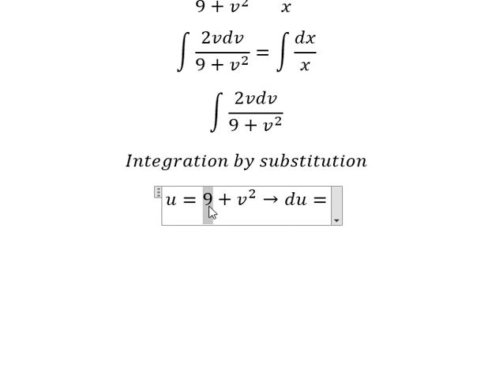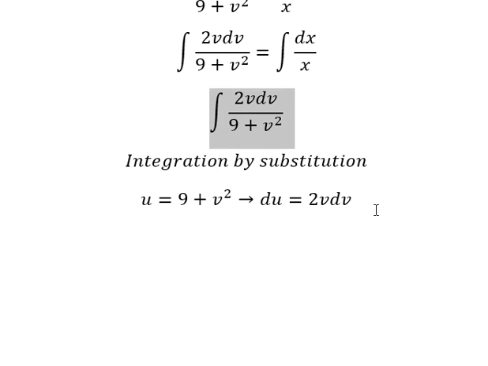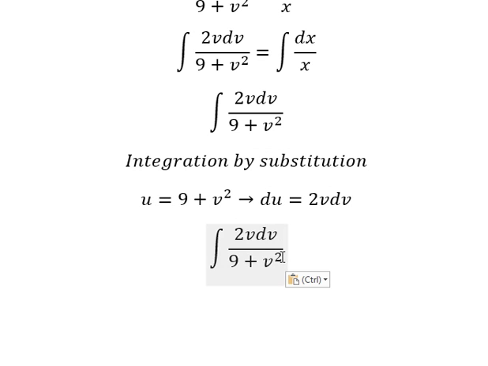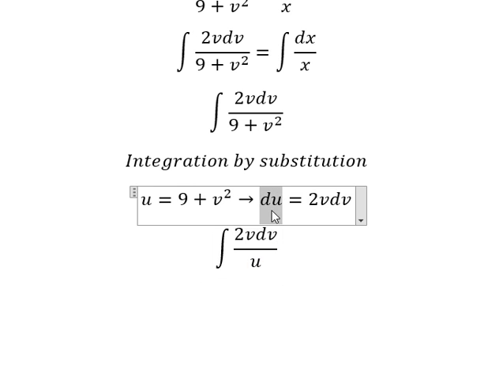This one that is about the constant, so you got 0. This one we have 2v. So this one we change by u. This one we change by du.